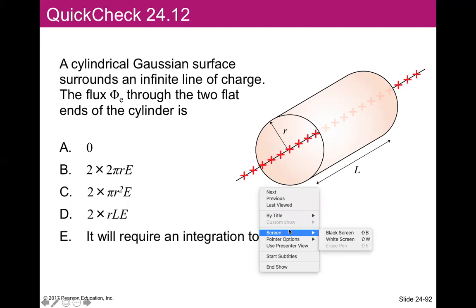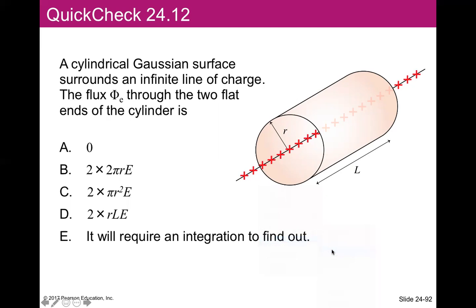Okay, then it's always going out, right? It's always going out. And we're asking the flux through the two flat ends.